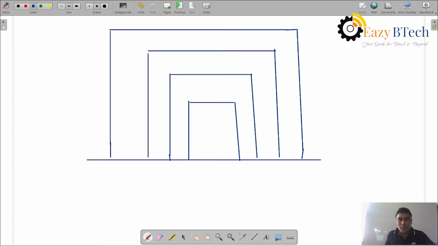So this is the chip level. And this one is the module level representation.